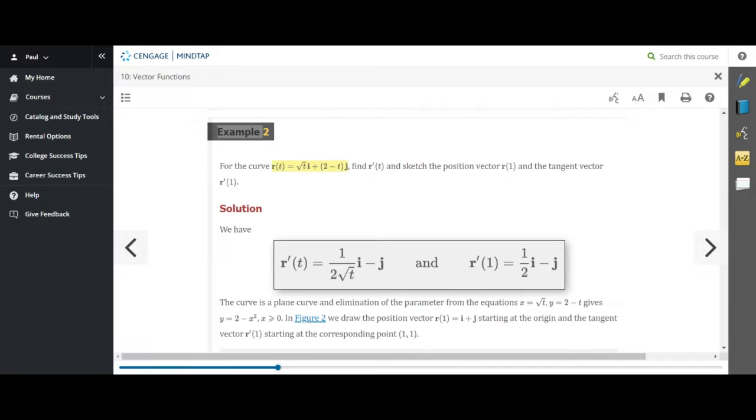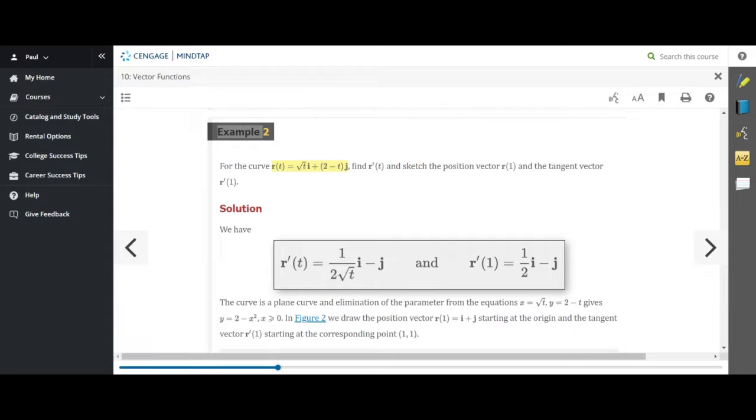Not the derivative of the space curve, but just if you were to put t equals 1, look below example 2 for the curve r of t. Okay, Alberto, that's right. When you put in t equals 1, you're going to get the coordinate 1, 1.